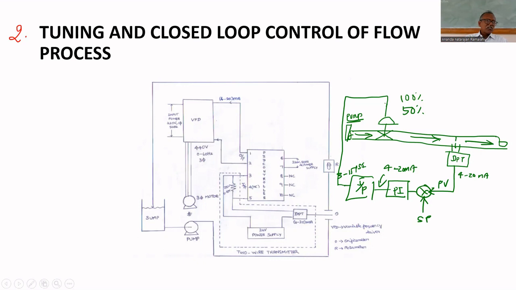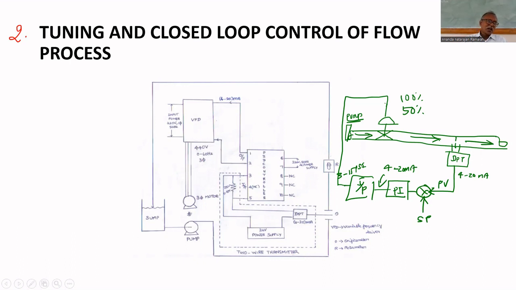Here we'll use half HP, 1 HP, like that. In industries, it may be 5 HP, 10 HP, even 100 HP. 100 HP pump means, suppose you are using only 50% flow rate, means you are wasting 50% energy. Suppose in the industry, let us assume 5 HP motor, and some 10 flow processes are there.